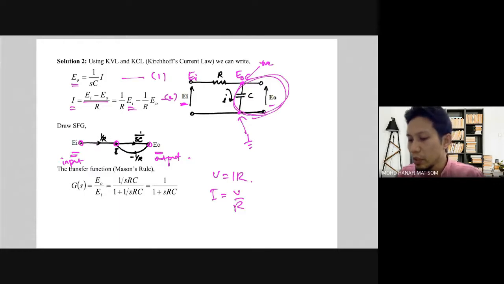The relationship between EI and I is that I equals 1 over R times EI. So I is contributed by EI, and the arrow goes like this, with a gain of 1 over R.